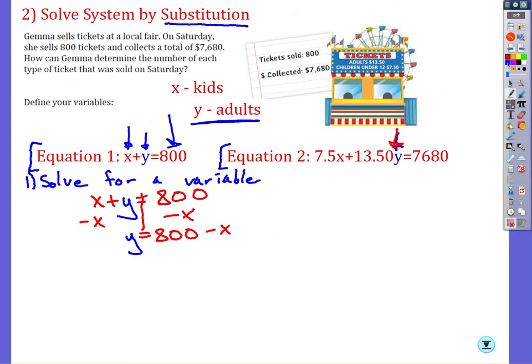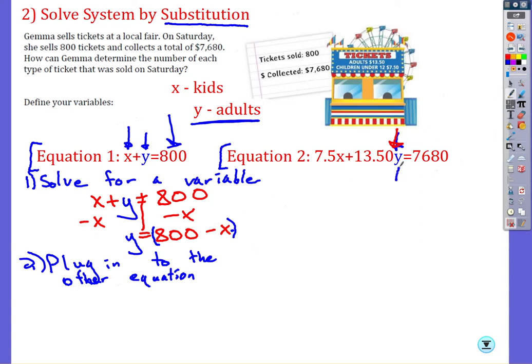So now what you can see here is I solved for the variable. Let's plug it into the other equation. So I know that y is equal to 800 minus x, and that's basically locked. There's no arguing that. We set up our equations correctly, so y equals 800 minus x. It's pretty solid.